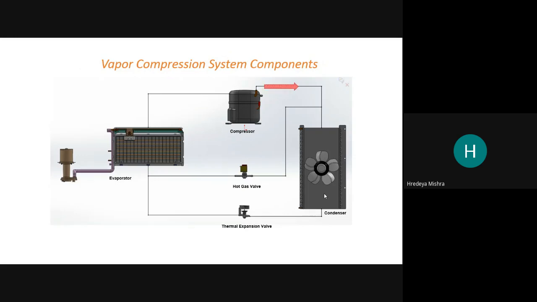So see here, in the vapor compression system, what happens? This is our compressor. This is our evaporator. The hot gas valve is there.